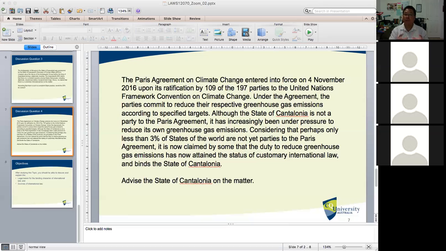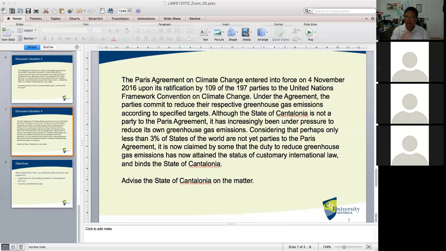So you have a problem. You cannot have customary international law developing because of an absence of consistent state practice, as well as the absence of opinio juris.